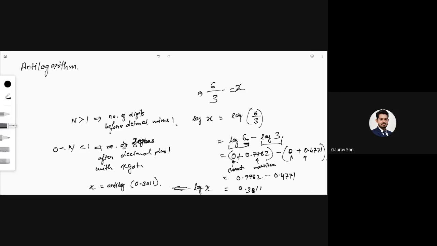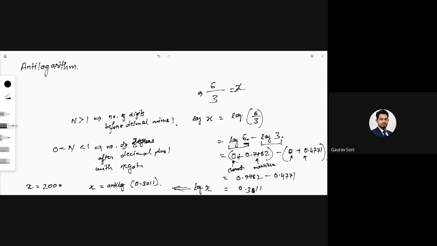Again, look at the last columns, there is 1, the entry corresponding to 1 is 0. So x is equal to 2000. Everyone got up to this? Yes, sir.